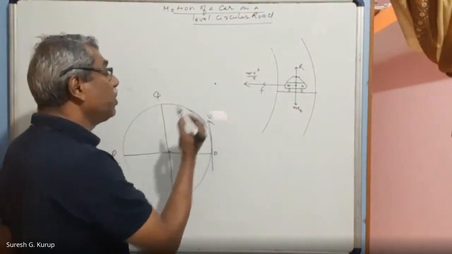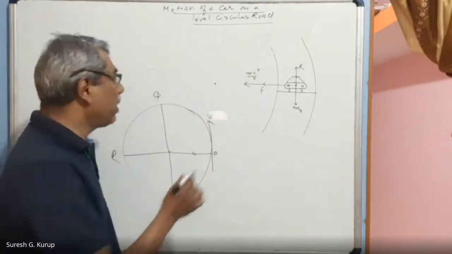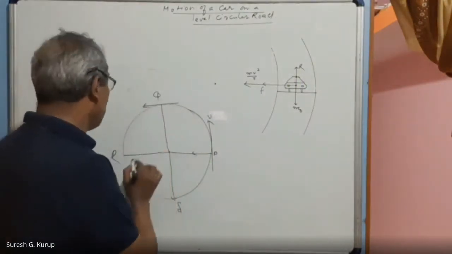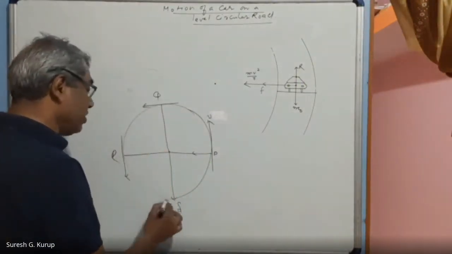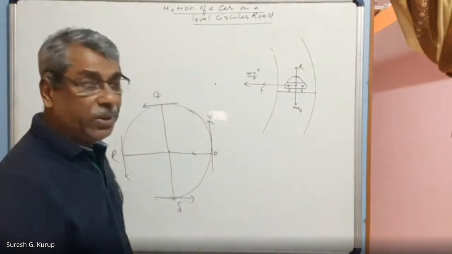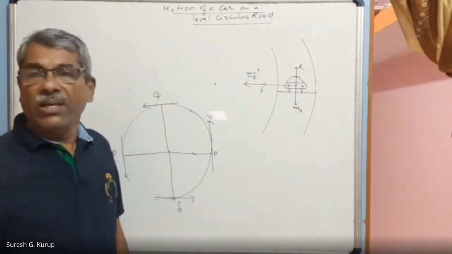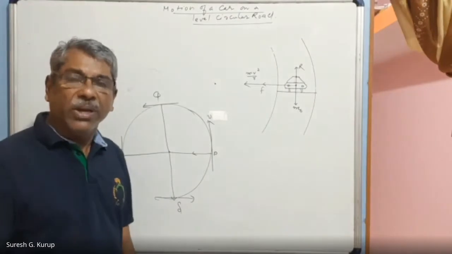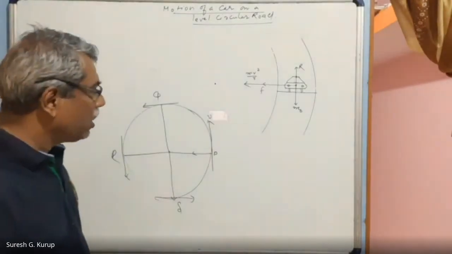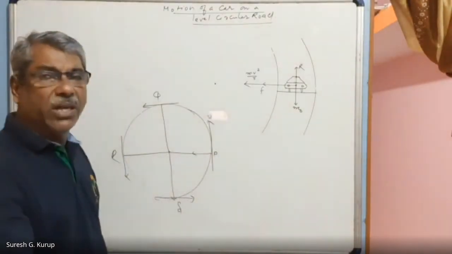Suppose this is v. This is the speed I am talking about, right? Here the velocity is this one, this is v, and here it is like this, here like this. So when a body moves in a circular path, its velocity is always along the tangent placed at that point.